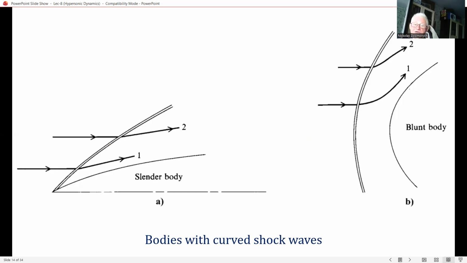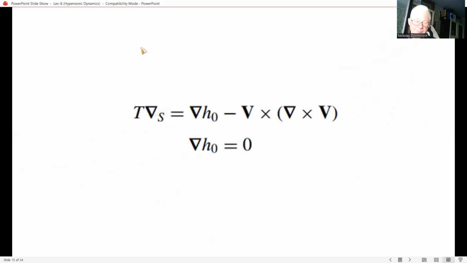And this is particularly acute for the blunt body in the right figure, figure B, where the bow shock is highly curved, and an intense region of large entropy gradient is produced in the nose region, right? Such entropy gradients occur behind curved shock waves at any supersonic Mach number.